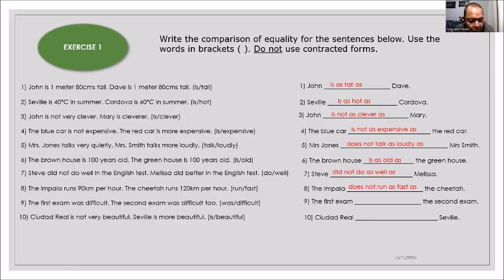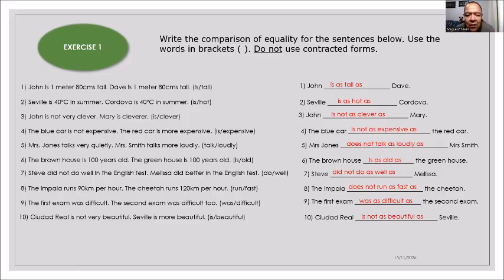The second exam was difficult too. The first exam was as difficult as the second exam. Number 10. Ciudad Real is not very beautiful. Seville is more beautiful. Ciudad Real is not as beautiful as Seville.